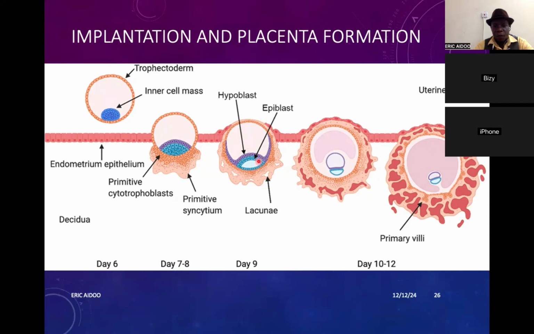So we will dwell more on that. This lacunae will collect blood vessels and then start forming the placenta. So you can see that blood has collected. So you now have the lacunae with maternal blood there, and then the fetal blood will also be forming.